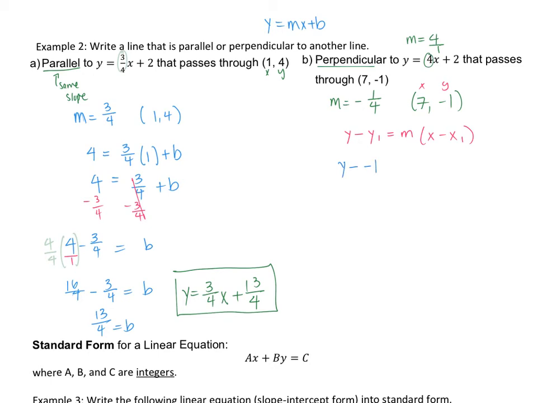By the way, these are your x1 and y1; the other y's and x's you don't plug anything into, just the y1 and x1. So my m here is negative 1/4, that's a 4 there. Then x minus x1, which is 7.